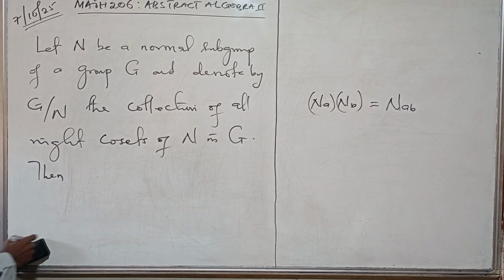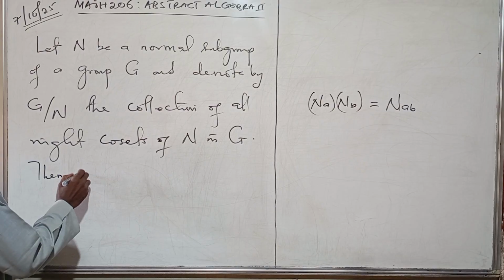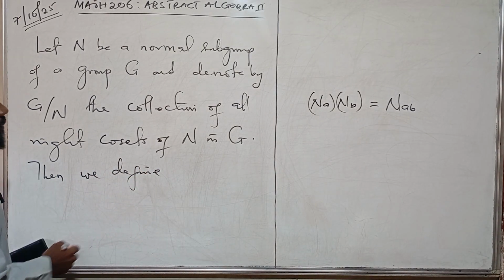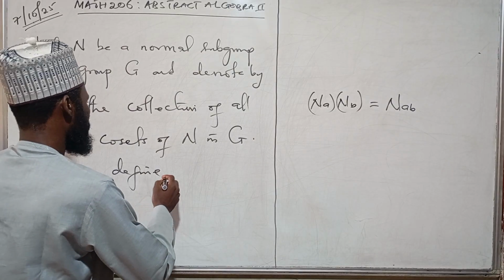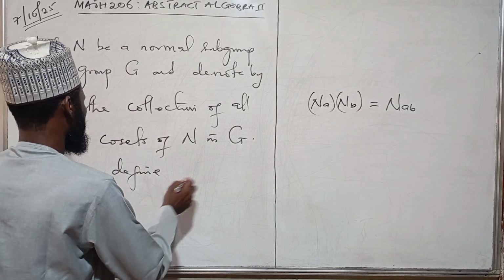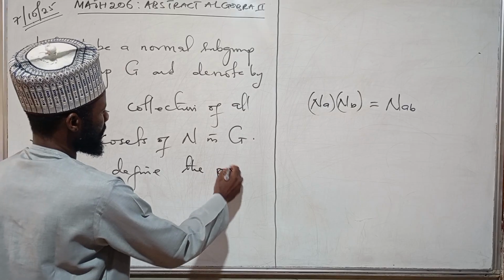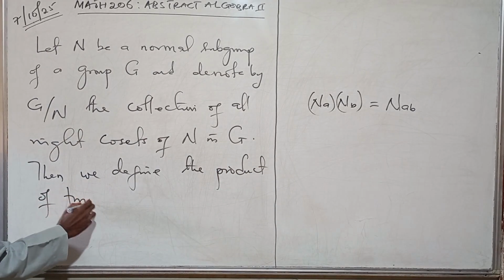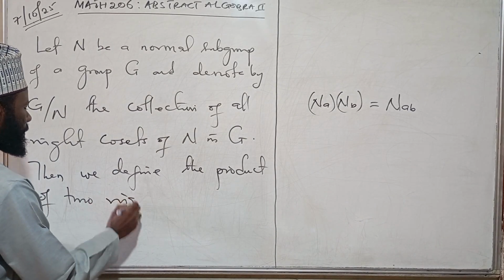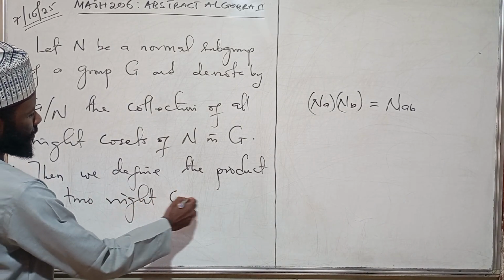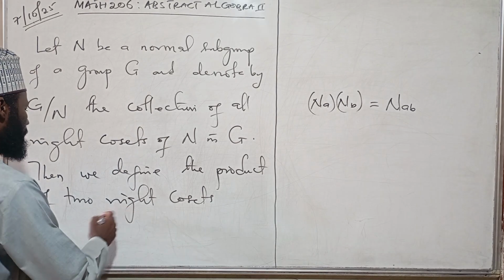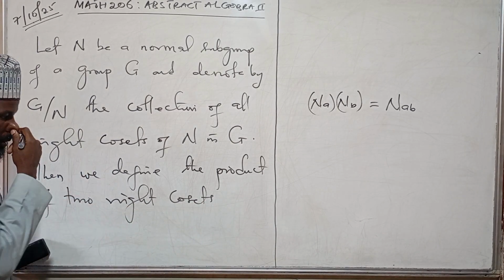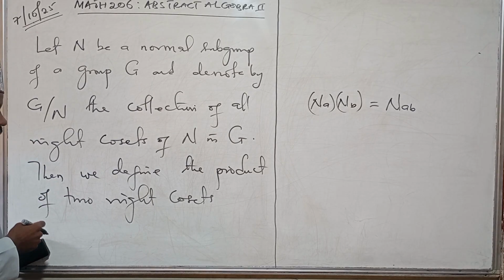Then we define the product of two cosets. It's not necessary that we should always continue saying right coset, because this is a normal subgroup. Every right coset is also a left coset.